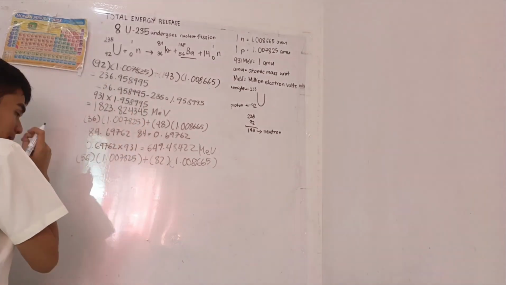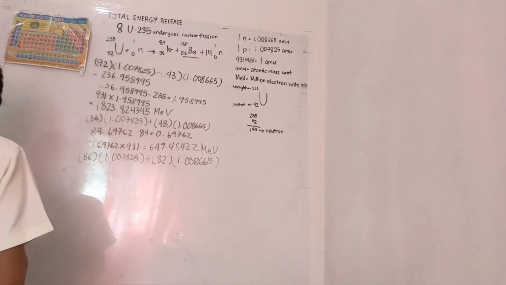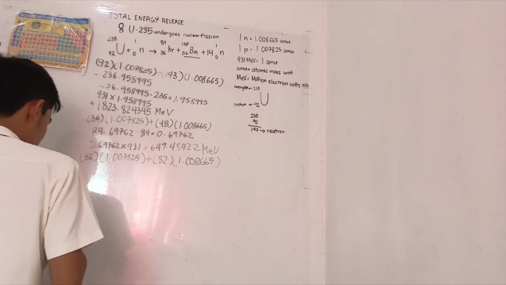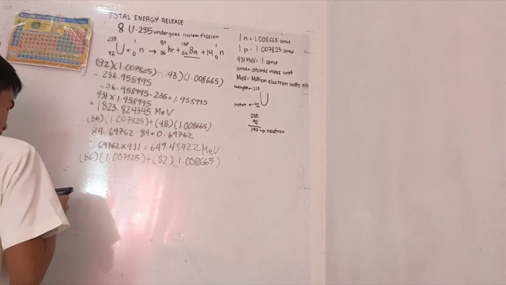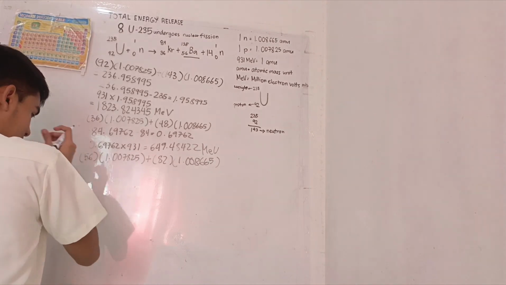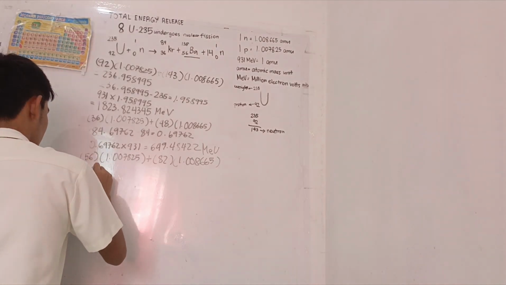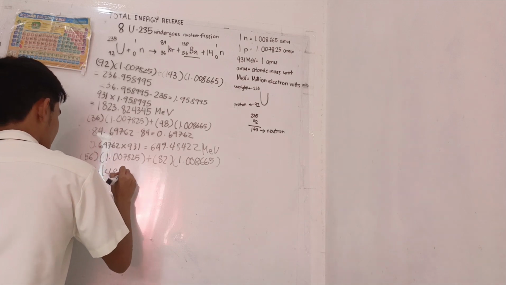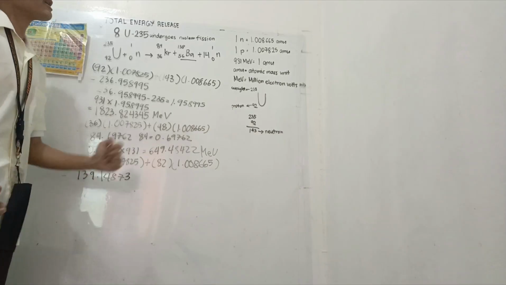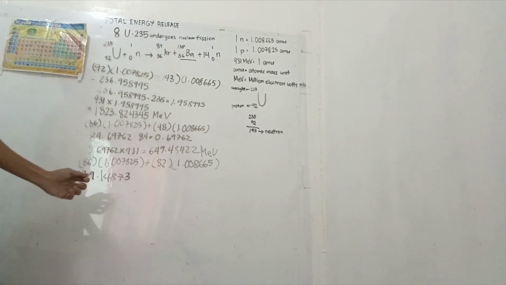So, ngayon, nahanap na natin yan. I-complete na natin. 56 times 1.007825 plus 82 times 1.008665. Isagot, 139.14873. Ngayon, yung nakuha natin value na to, isasubtract natin sa kanyang actual atomic weight, which is 138.